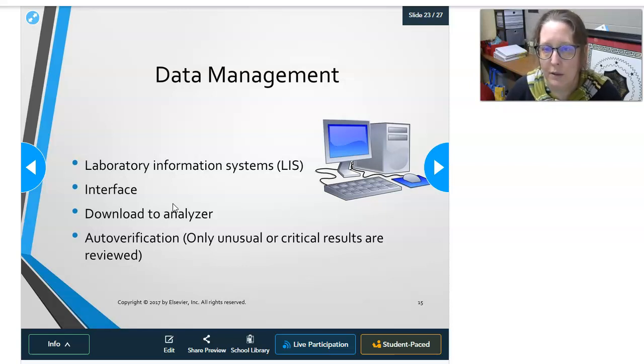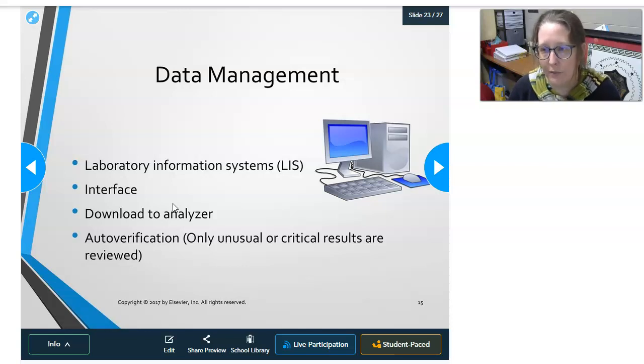Within data management in the lab, auto verification is something that some labs do and some labs don't. If you have auto verification in process, basically once the testing has been done on a specimen and there's nothing wrong with it, everything went fine, it's correlating, or if it has previous results, it's matching up, there's really no red flags, it just sends it straight to the LIS and straight to the EHR, and the tech doesn't have to do anything to it.